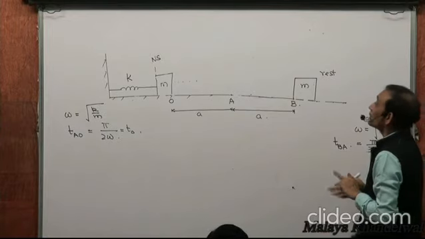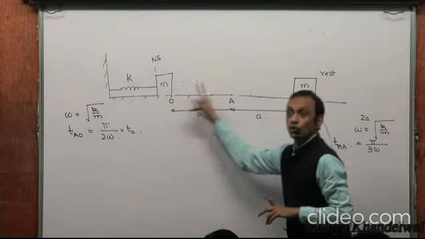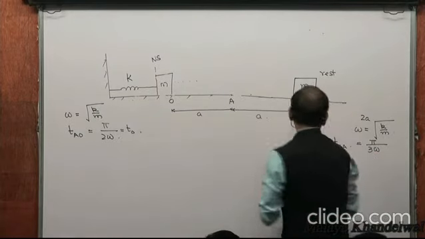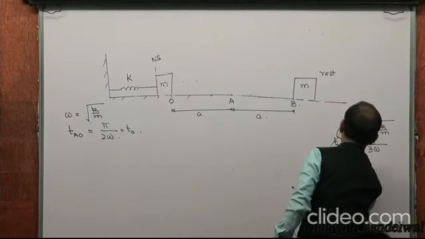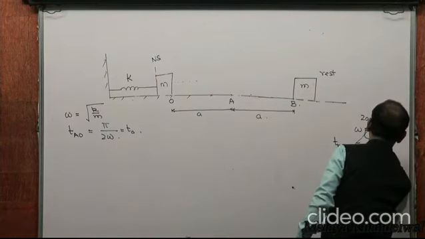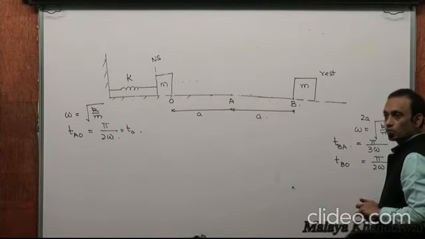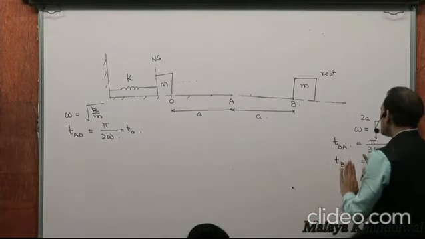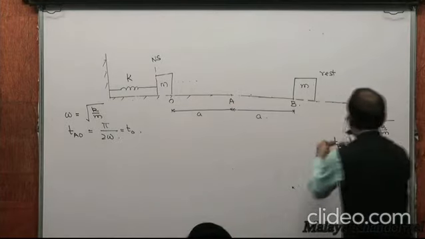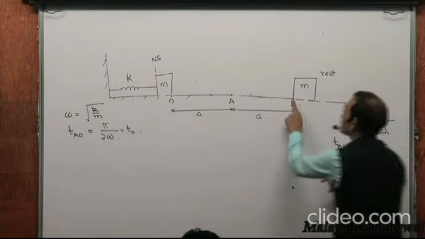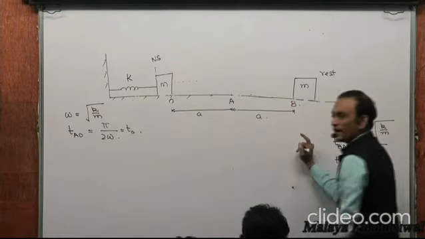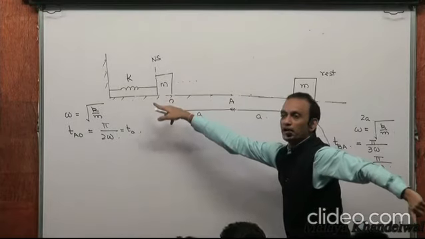Right? The time taken to go from B to O, from the extreme position to the mean position, is still pi by 2 omega, right? Time taken to go from B to O is going to be pi by 2 omega. Now, the time taken to go from A to O would be this difference: time taken to go from B to O minus the time taken to go from B to A is going to be the time taken to go from A to O, right?